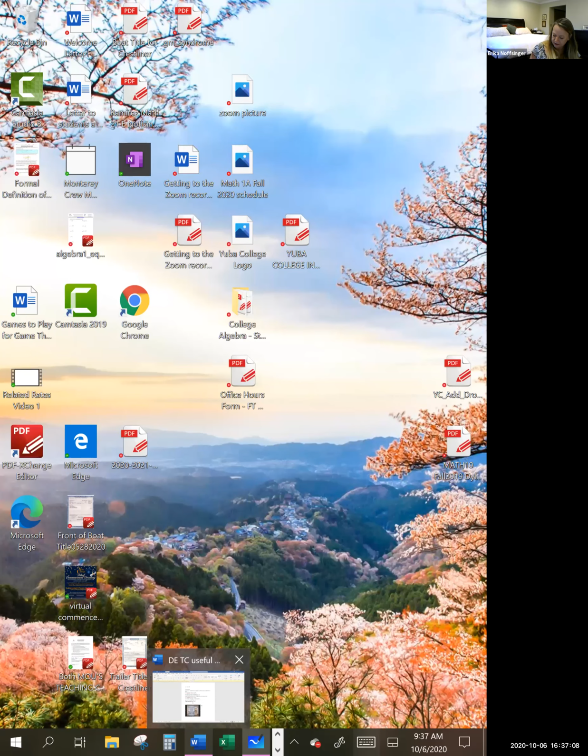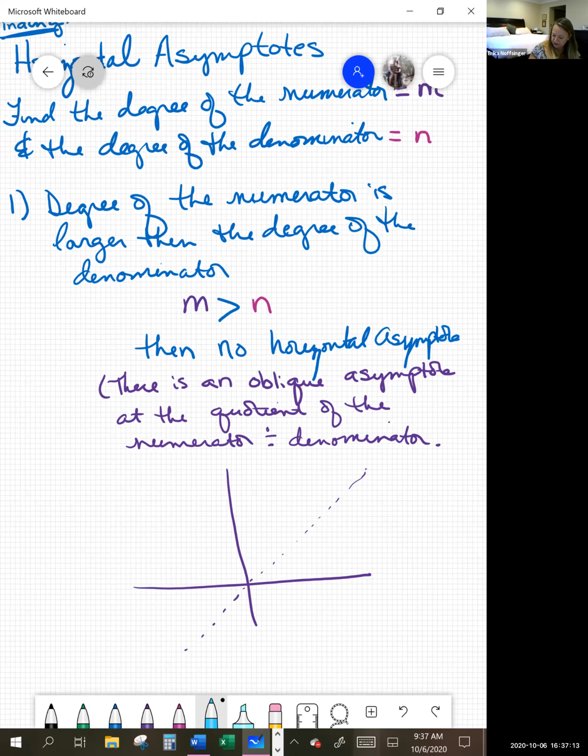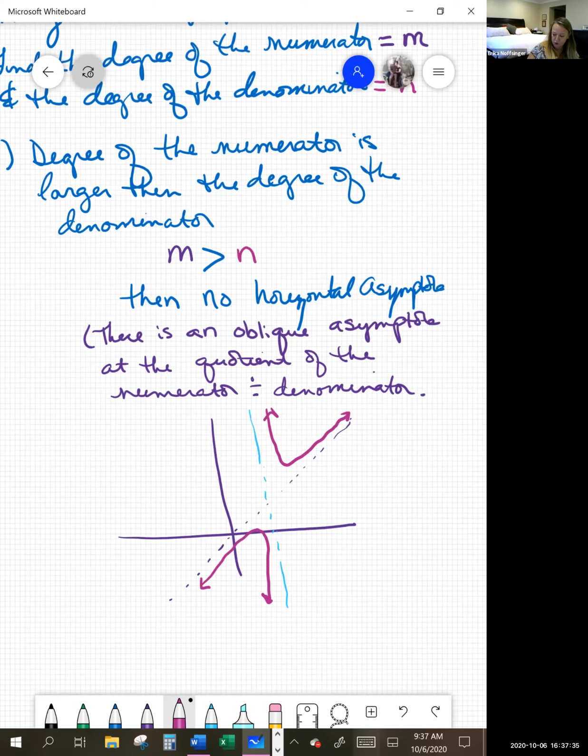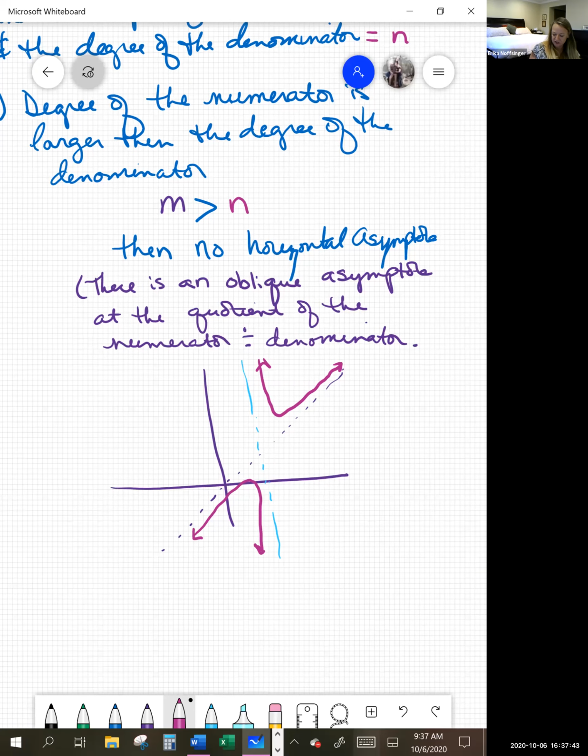You might have a vertical asymptote here, and it might look something like this. This would happen if the numerator was only one larger, because the quotient would be linear. But it's possible that the numerator is 2 larger, 3 larger. Depending on that is what type of shape it's going to hug.